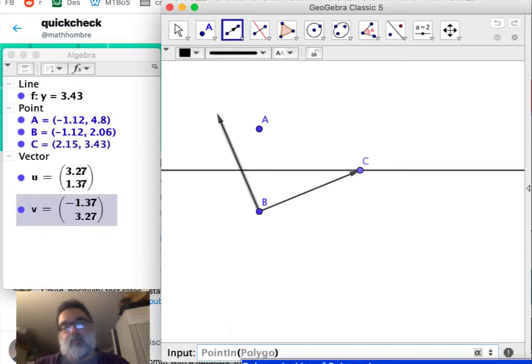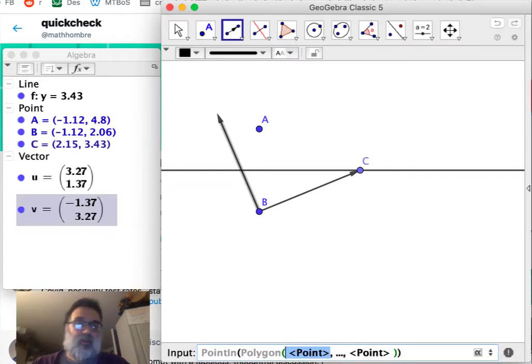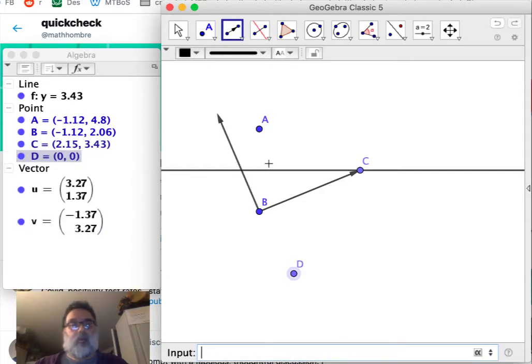Point in, instead of putting a point on the boundary, gives you points on the interior that you can move up into the boundary. And so I want these to be roughly in the rectangle. I'll say B plus V up here, going to C plus V, going to C minus V, going to B minus V. All right.